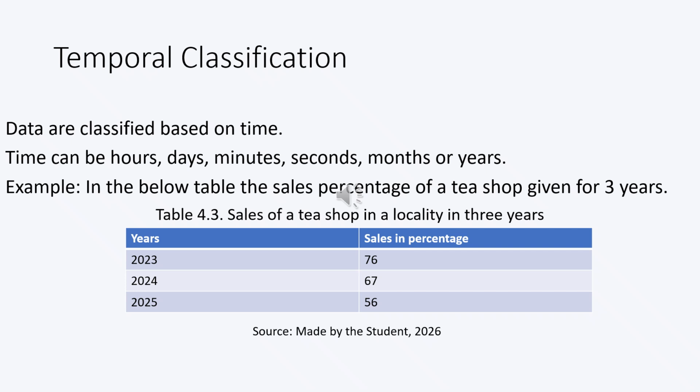Here the sales percentage of a tea shop for 3 consecutive years is presented. In table 4.3, we see sales of a tea shop in a locality in 3 years. The years given are 2023, 2024, 2025, and the sales in percentage are shown as 76, 67, and 56.